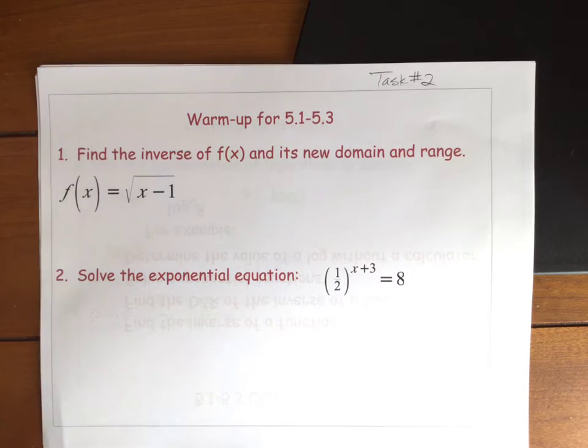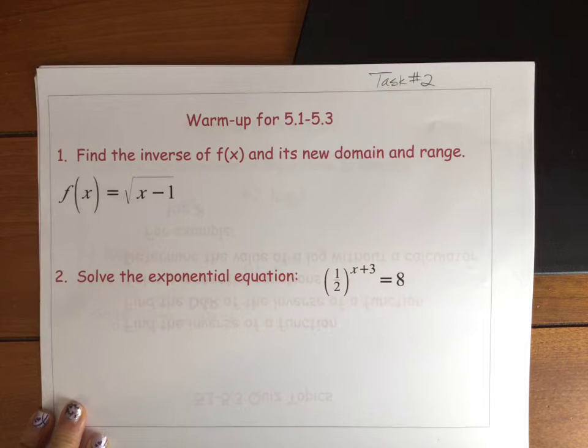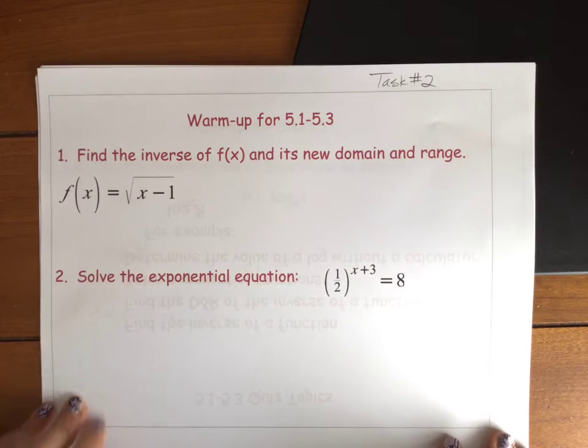All right, I'm hoping you were able to figure these out. So the first one, finding inverses. Remember, if we want to find the new domain and range, sometimes it's just easiest to find the original domain and range of our original function, which in this case is the square root of x minus 1. And then remember, for inverses, the domain and range switch.